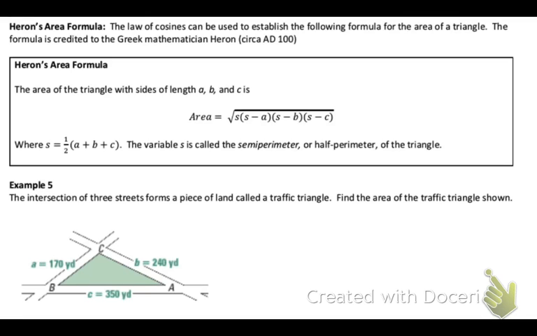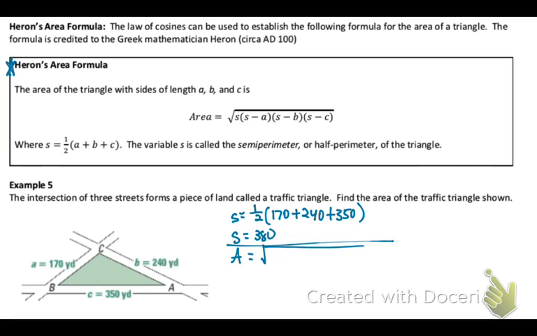So let's look at example 5. The intersection of 3 streets forms a piece of land called a traffic triangle. Find the area of the traffic triangle. All right, so let's find that semi-perimeter. So we have 1/2 times the 3 lengths, which is the perimeter, and that gives us the semi-perimeter, which is 380. Now we do the area formula.